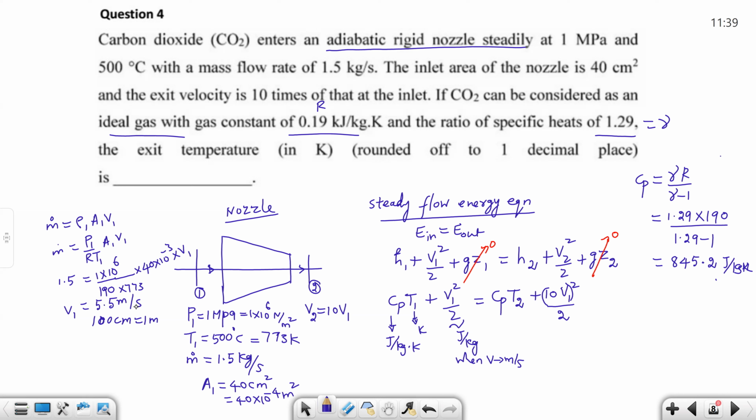Now everything is known. Cp is 845.2, T1 is 773, V1 is 5.5, so 845.2 times 773 plus 5.5 squared by 2 is equal to 845.2 into T2 plus 10 times V1, 55, squared by 2.